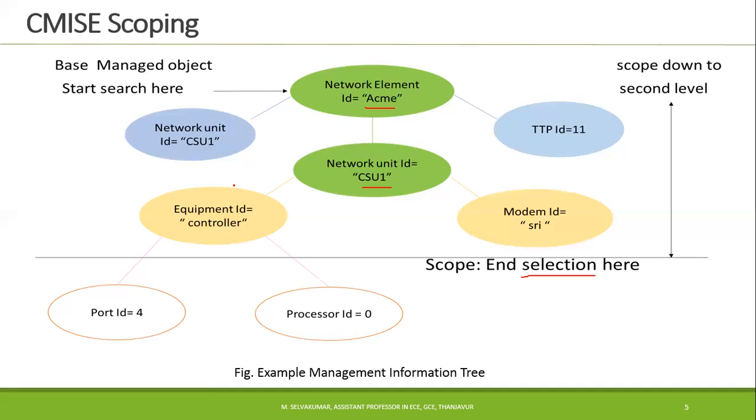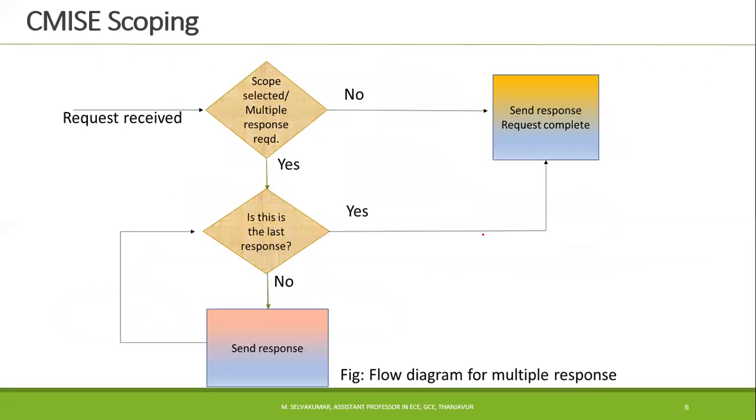The individual response of the modem and the equipment controller is returned for every selected object connected to this base object. Likewise, the scoping gets the information from these objects, and the flow chart dictates how the multiple responses are returned.